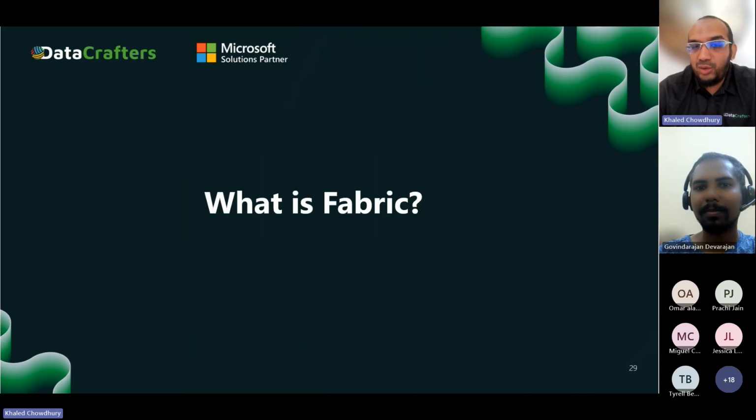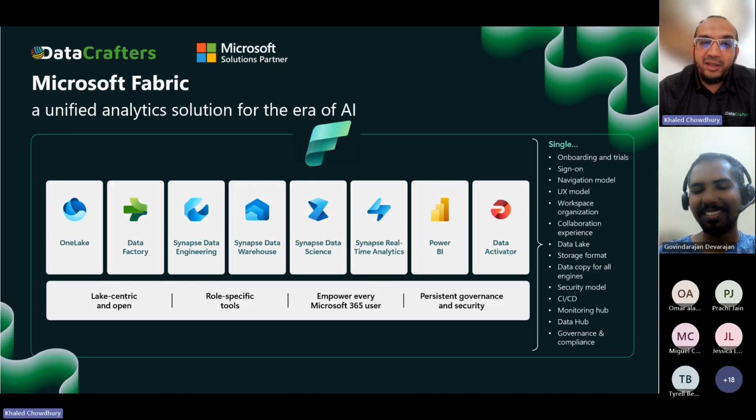I'm going to go through this really quick, because if you don't know Fabric, we can probably do another separate session for it. In general, Fabric is technically not something brand new. The concept of Fabric is revolutionary, not the technology it is built on. Fabric essentially unifies almost the entirety of Microsoft Azure data capabilities in one place.